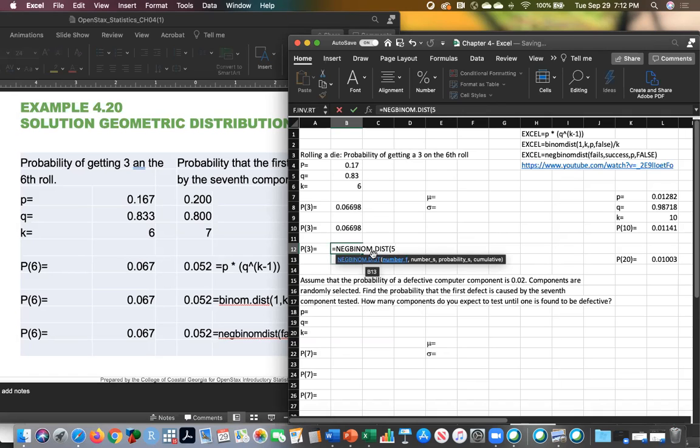So how many times am I going to fail before I get a success? The answer is 5. Then the success is going to be 1. And then the probability is going to be the one that we know, right? So then I'm going to say false. And it should work, okay? So those are the 3 things to find the value of this. So it's very simple.